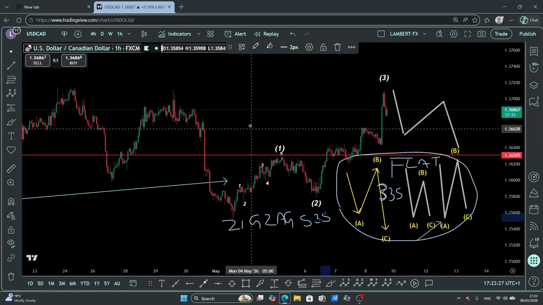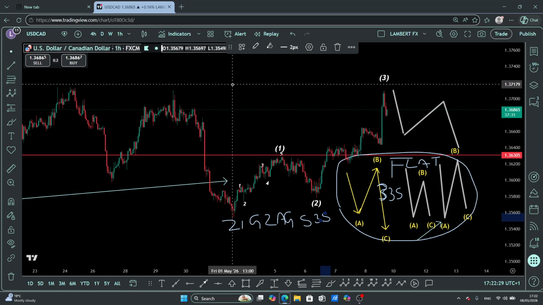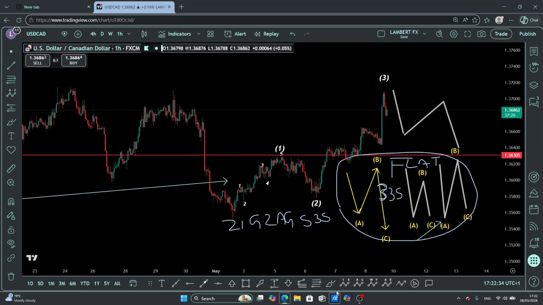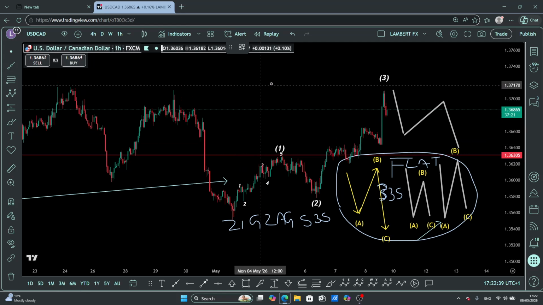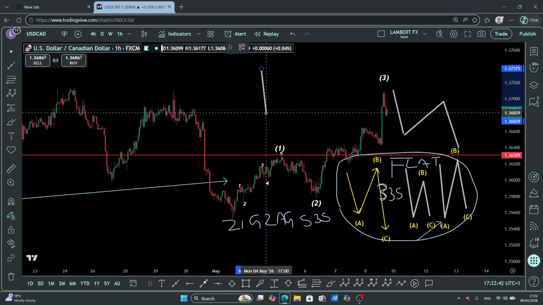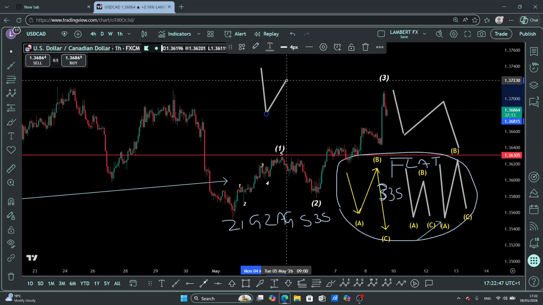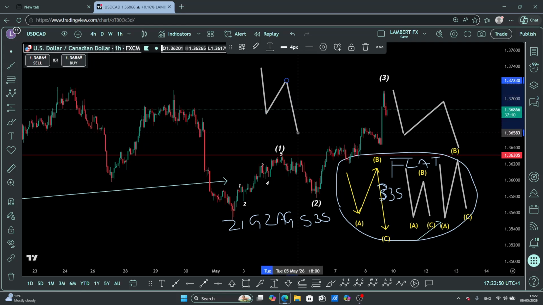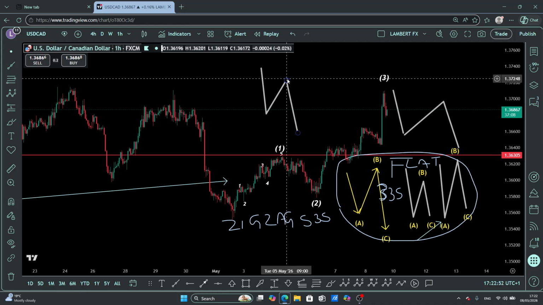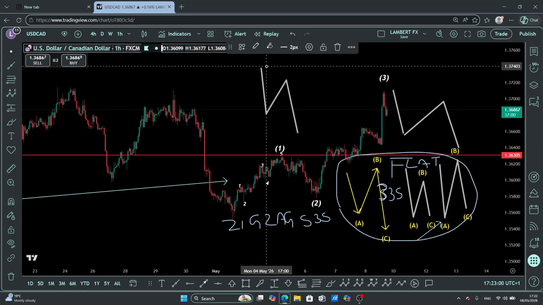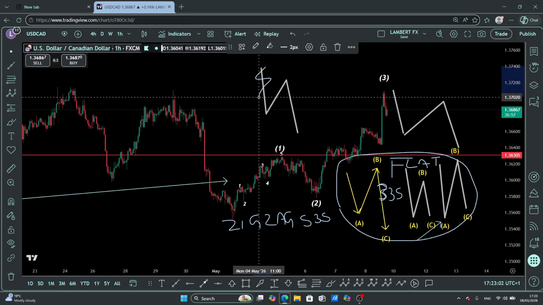A zigzag is basically you have a 5 leg down, wave A, sorry, and then you have a 3 leg up, and then you have a 5 leg down. Now the characteristics of a zigzag is that your first leg down must contain a 5 leg down.